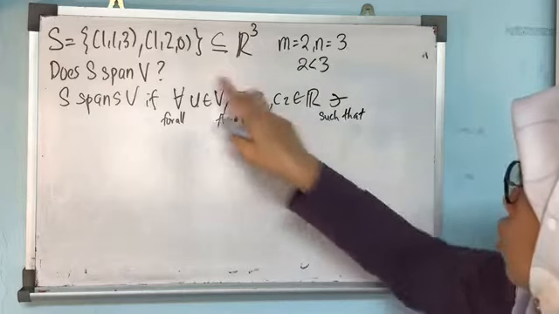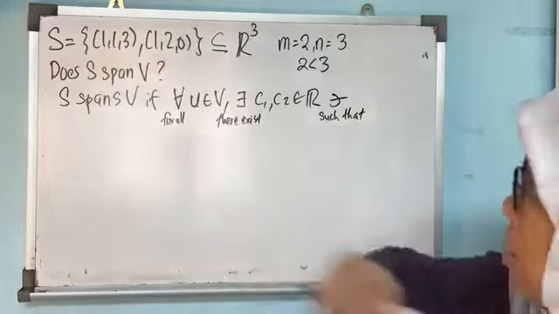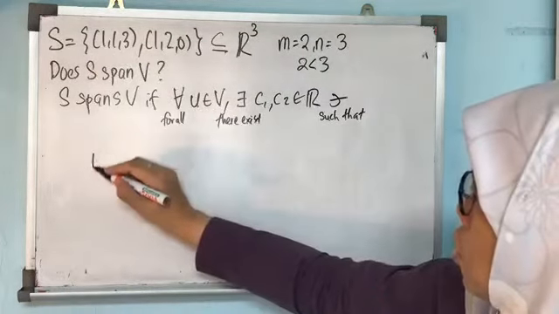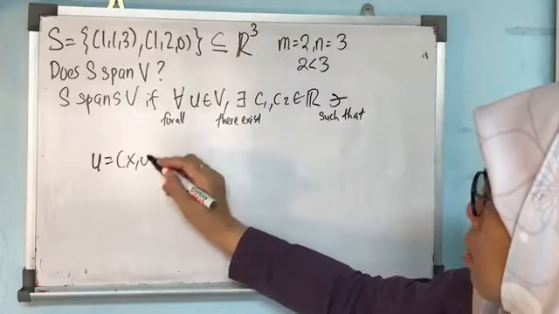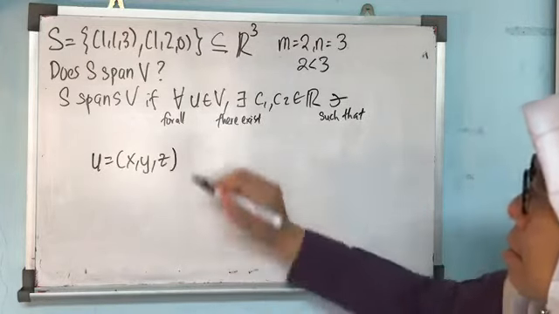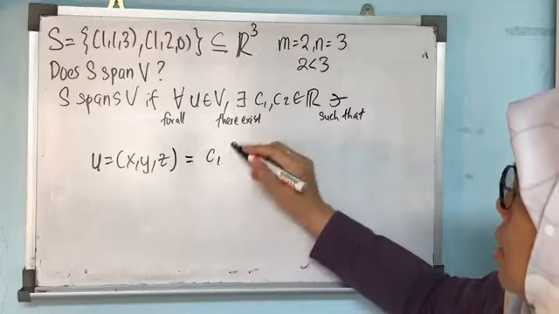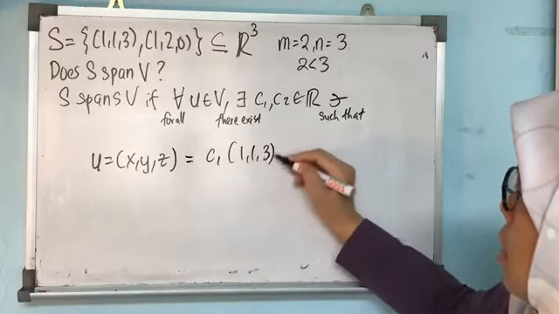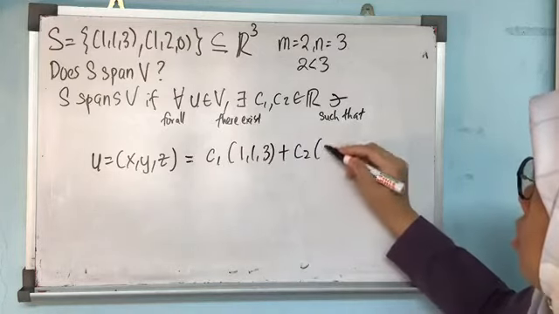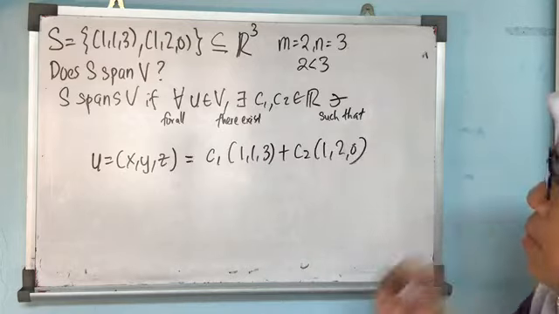Why there's only 2? Because there's only 2. Okay, so U is X, Y, Z equal C1 (1, 1, 3) plus C2 (1, 2, 0).